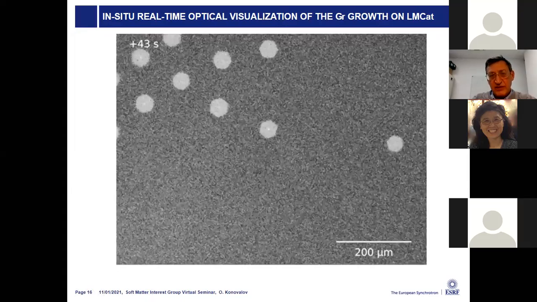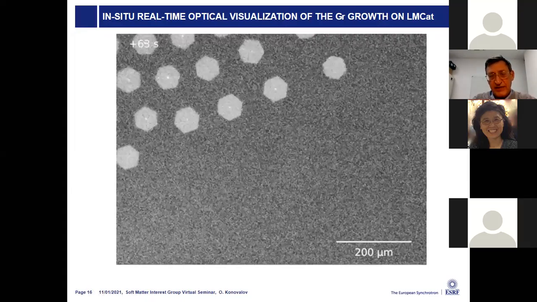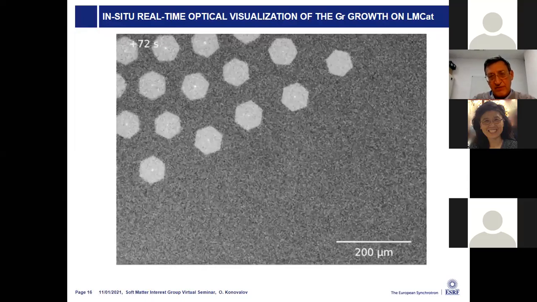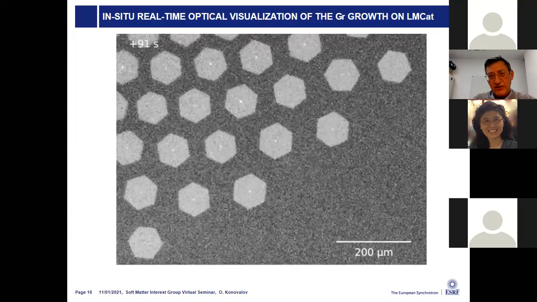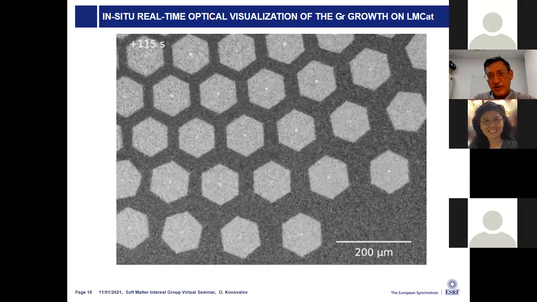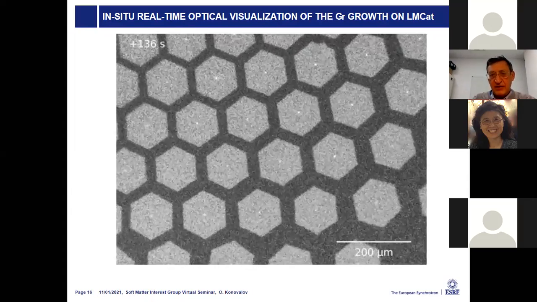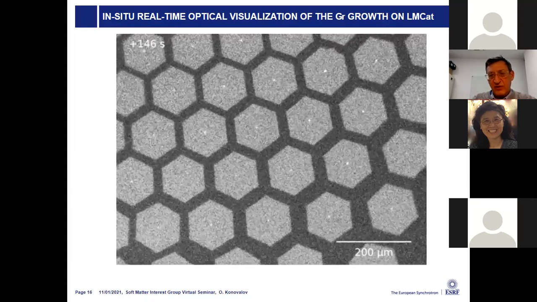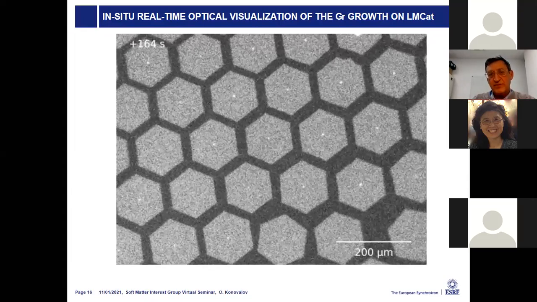And you see there is an interesting thing: they grow like hexagonal flakes. But then when we have enough density of these flakes, they start to interact with each other. So then they also organize into a honeycomb structure where the surfaces of these flakes are aligned. And at the end of the growth, we see that they don't like to stitch together.